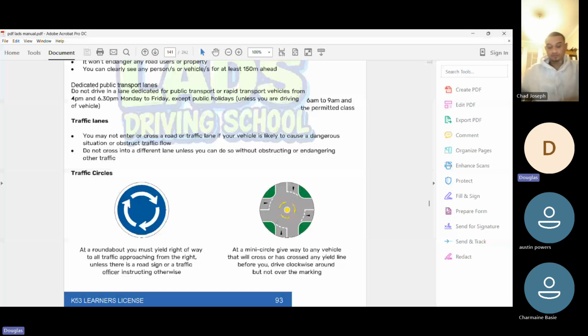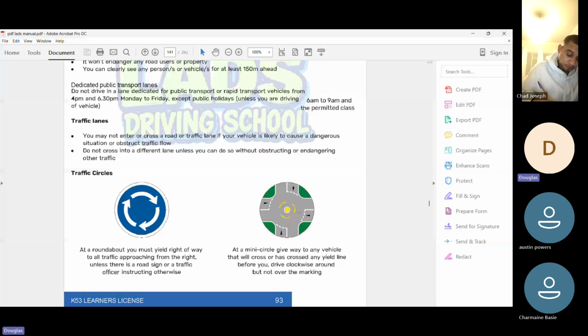You enter from left to right. You cannot enter here and then go this way and then enter here. That's not allowed. You need to enter from left to right. You need to enter clockwise.